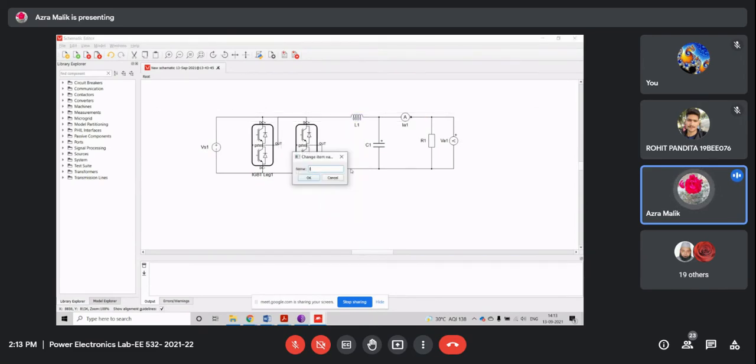We can change the names of the measurement blocks. We need one for measuring the inverter output as well.